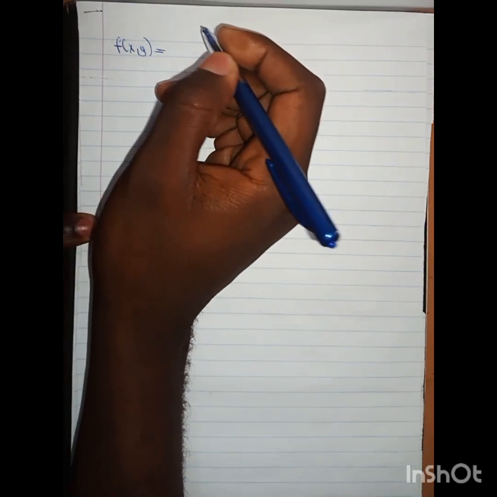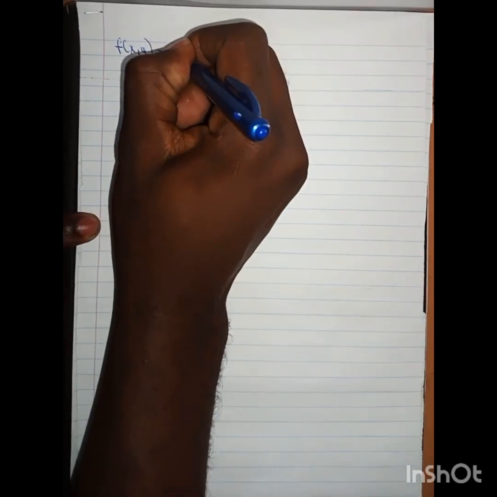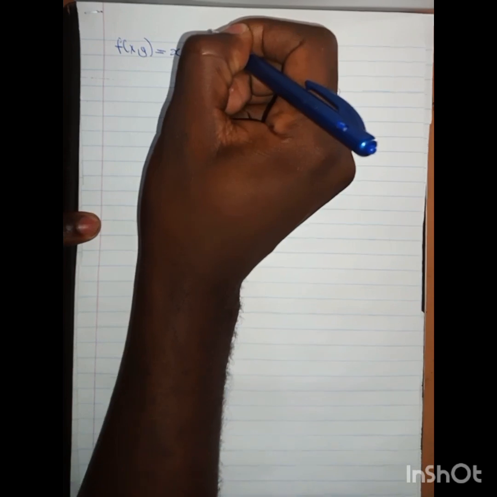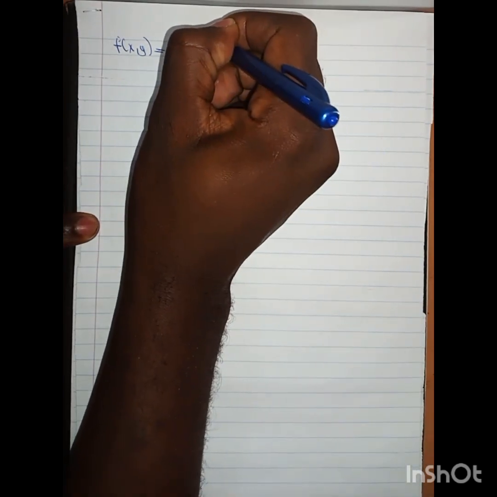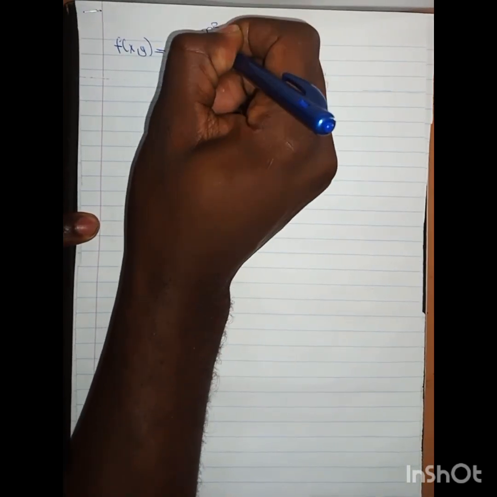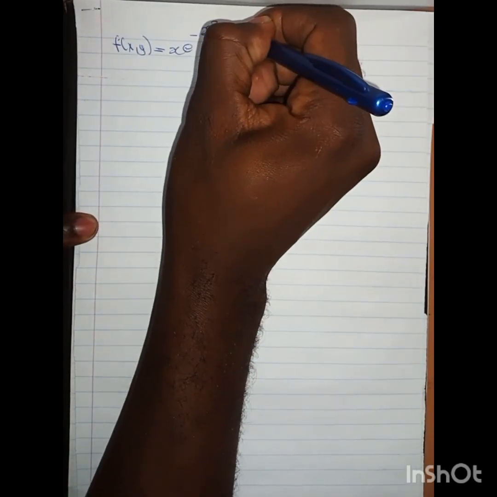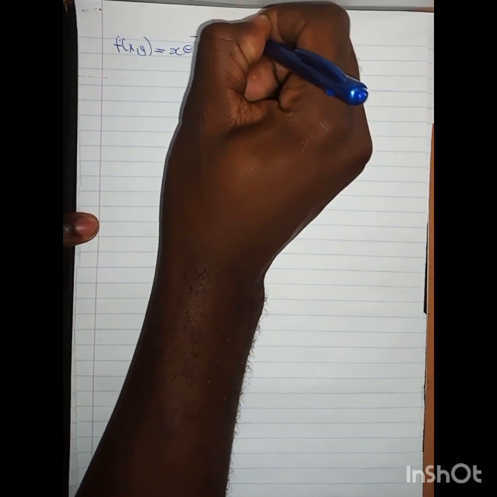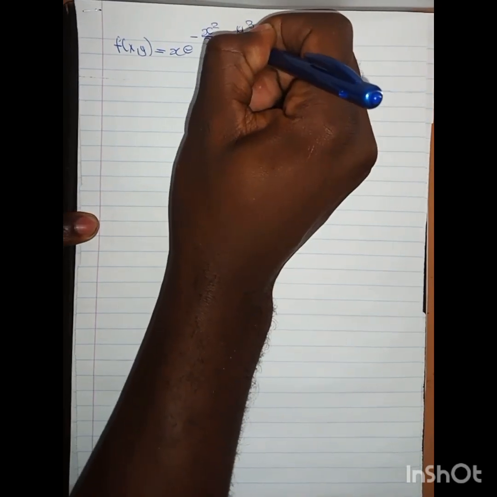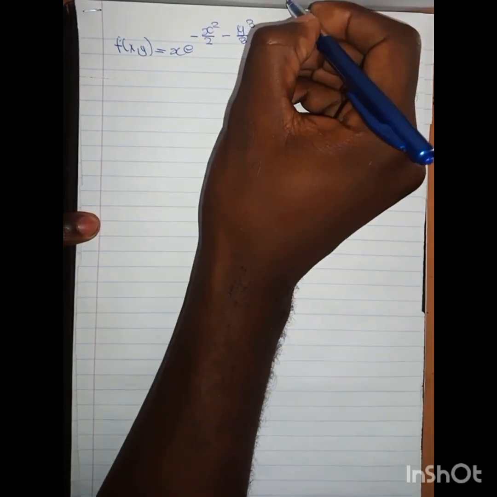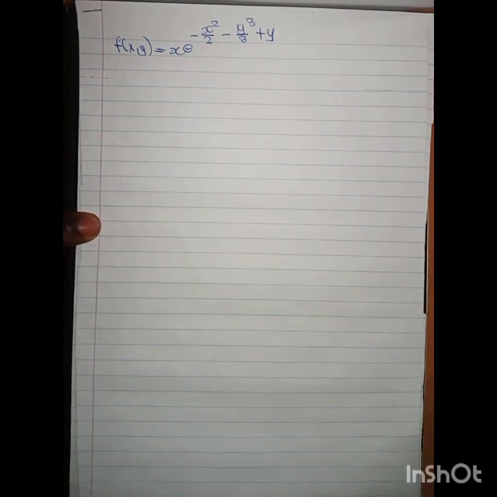So let us first look at the following function. F of x, y is given by x e to the negative x squared over 2 minus y to the third over 3 plus y.